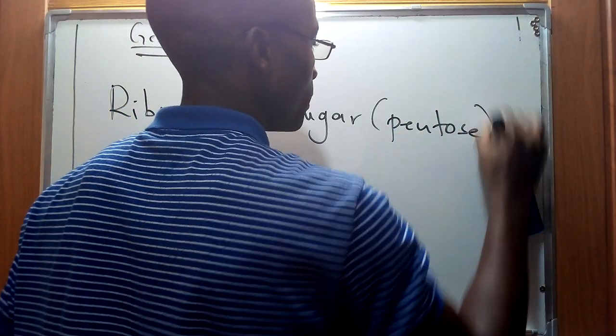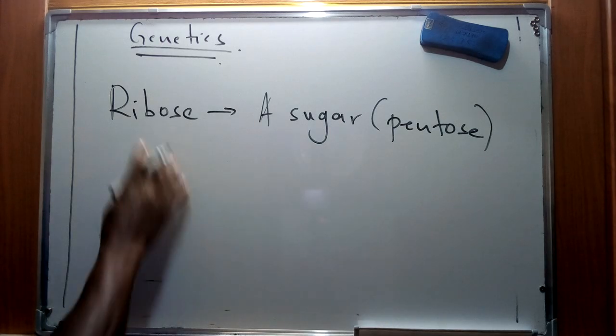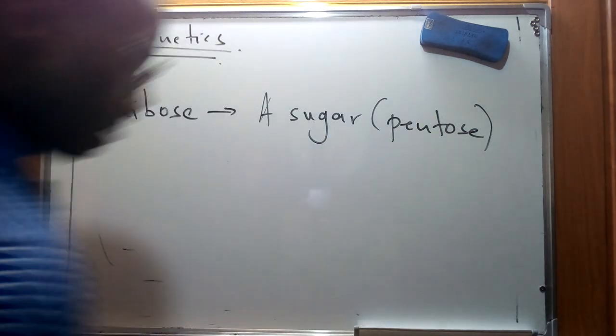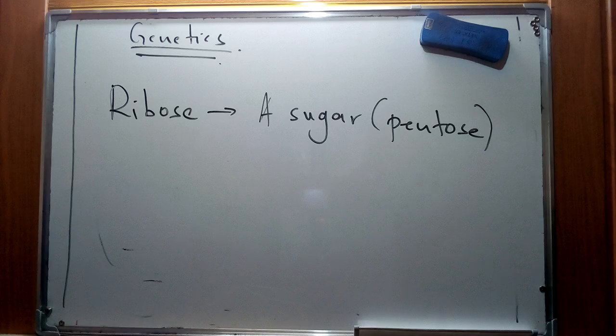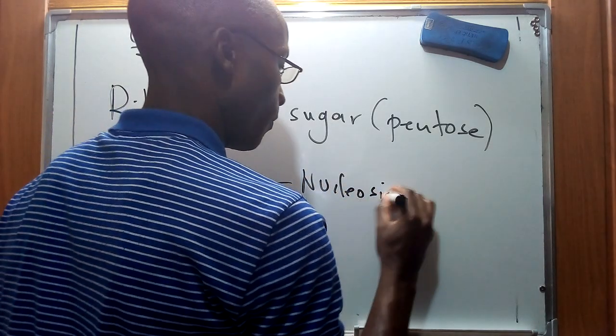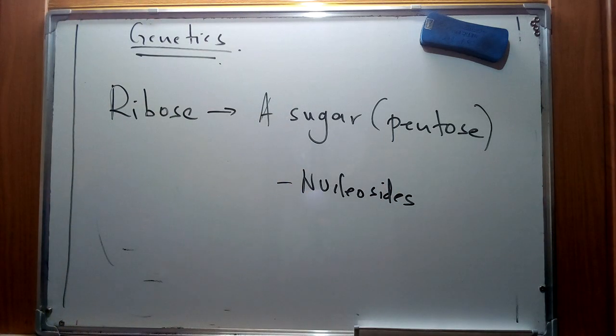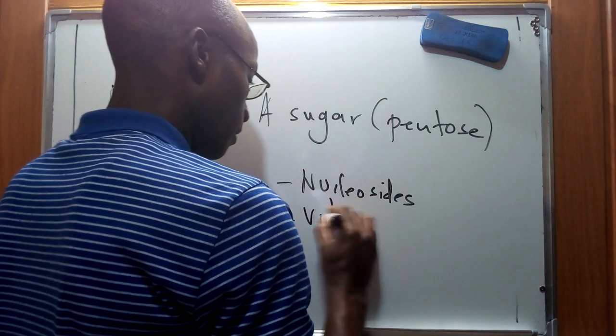So from that specific classification that I've left there for pentose, a ribose is a sugar of a pentose class, which occurs widely in nature and constitutes the nucleosides, and then what we call the vitamins and enzymes.